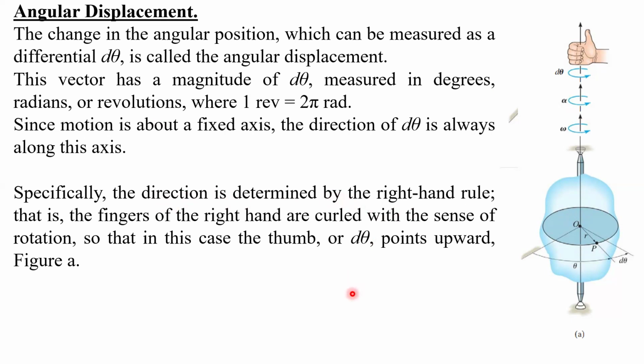That is, the fingers of the right hand are curled with the sense of rotation, so that in this case the thumb, or dθ, points upward, as in here. The direction of the curving of the fingers shows the direction of the rotation, which is counterclockwise.